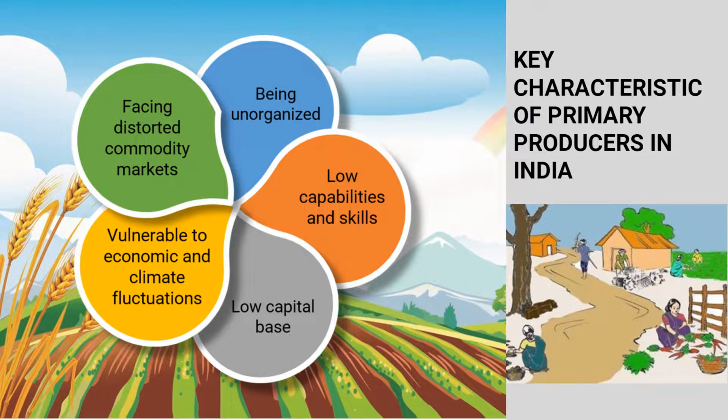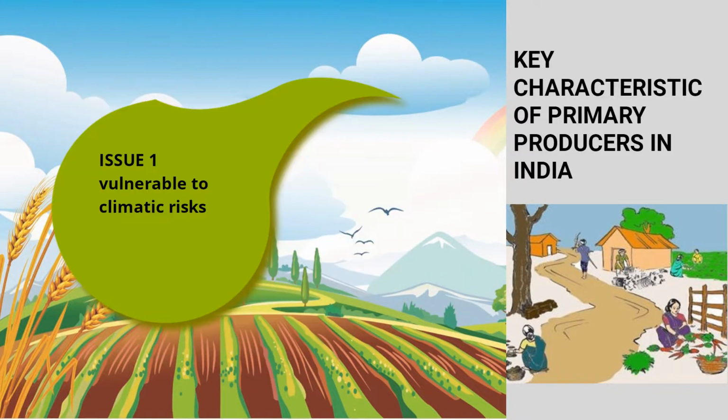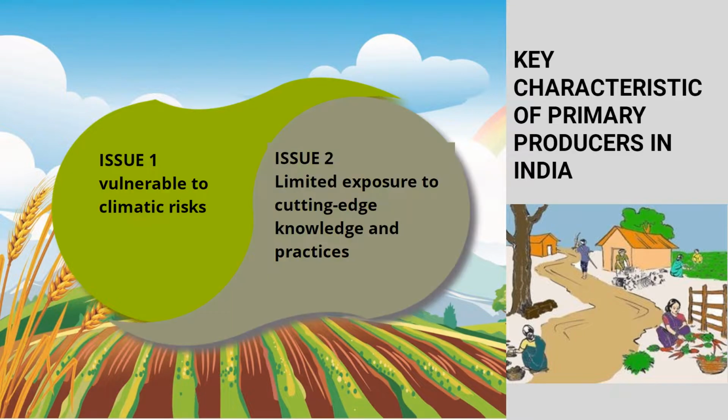Additionally, the majority of them are also characterized by vulnerability to climatic risk and limited exposure to advanced knowledge and practices. The above characteristics collectively result in poor bargaining power of smallholder farmers in markets. This leads to low benefits, difficult working conditions, and further depletion of their resource base.